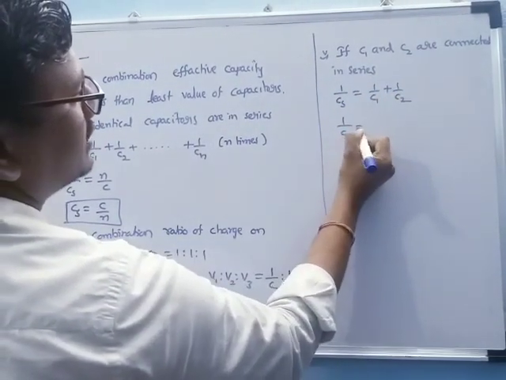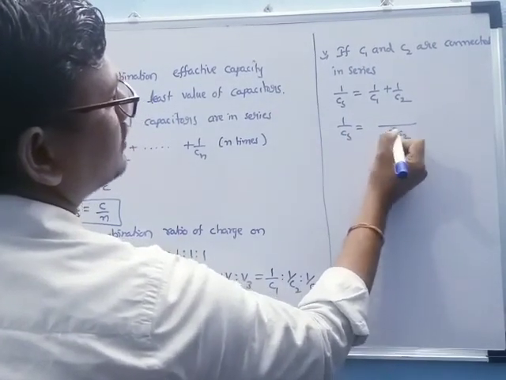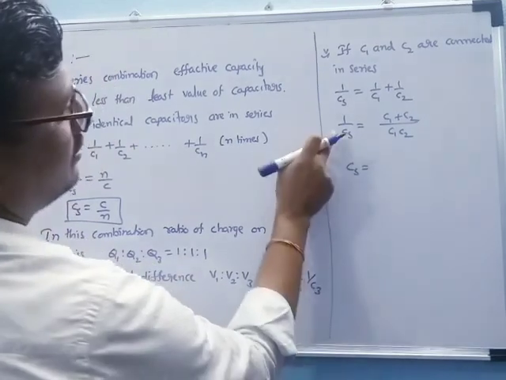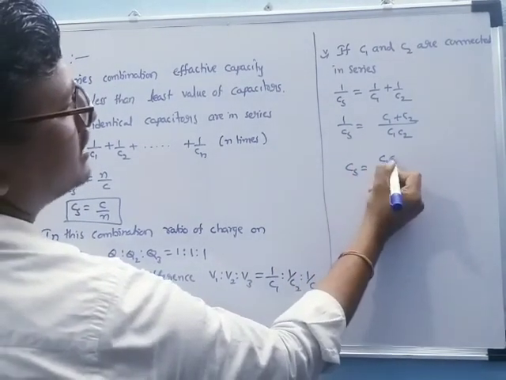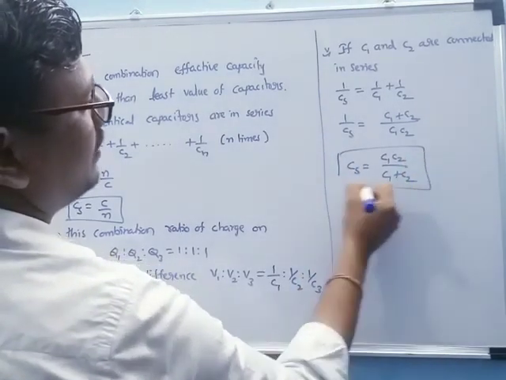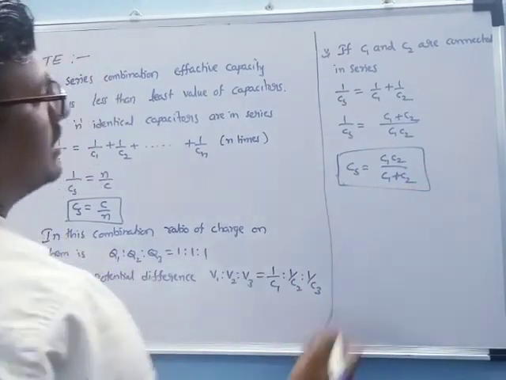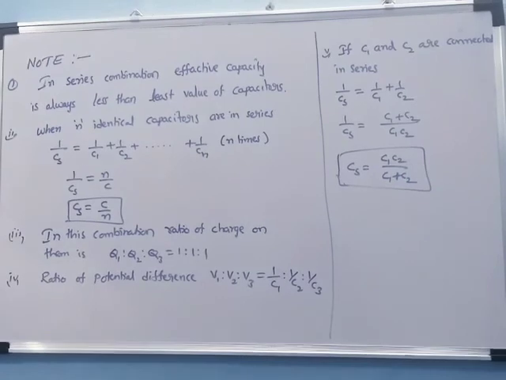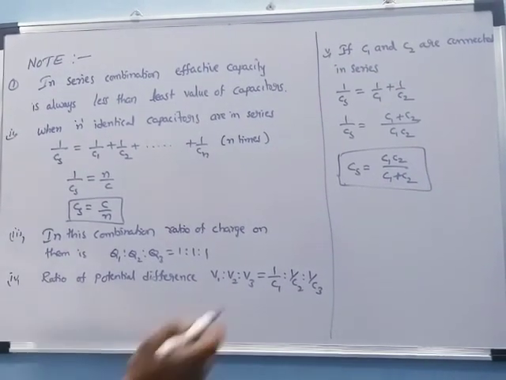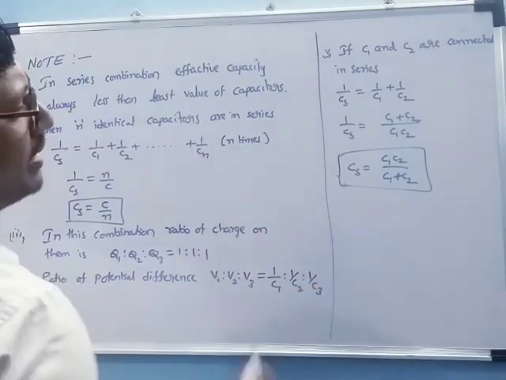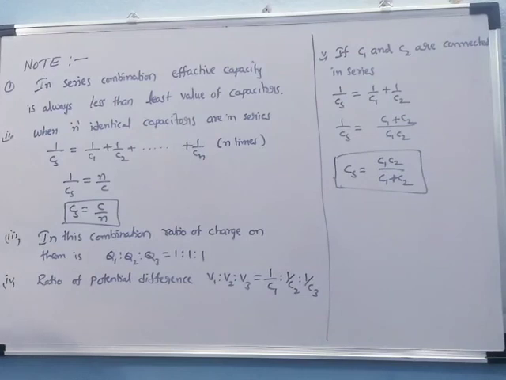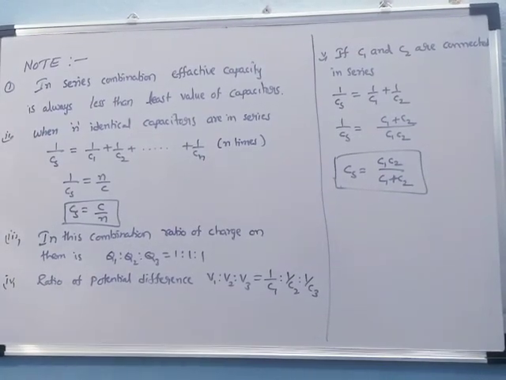Take the LCM, C1 into C2, over C1 plus C2. Then Cs is equal to C1 into C2 by C1 plus C2. This is the formula: when any two capacitors are connected in series, Cs is equal to C1 C2 by C1 plus C2. These are the important properties and points on series combination.